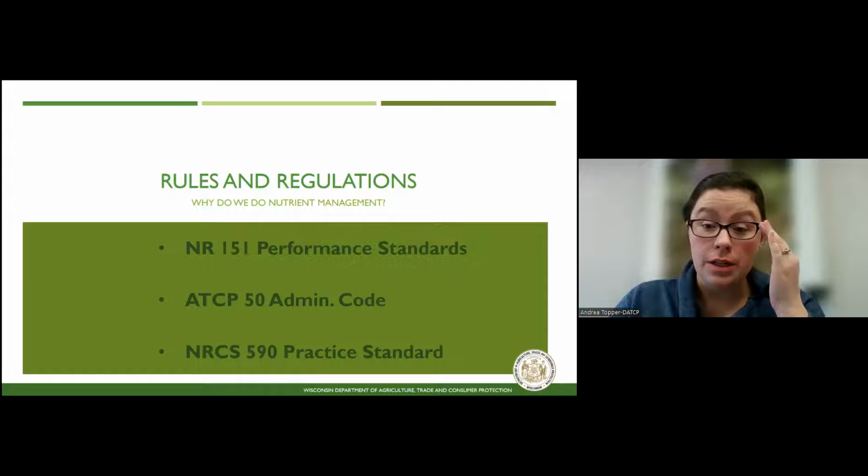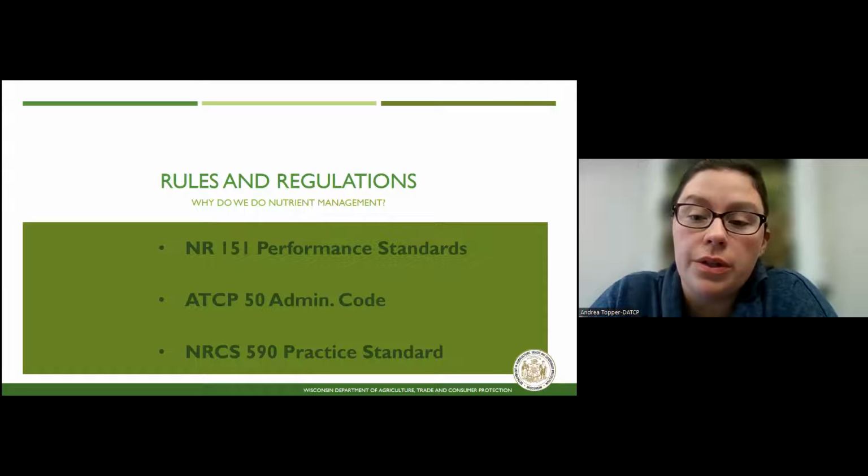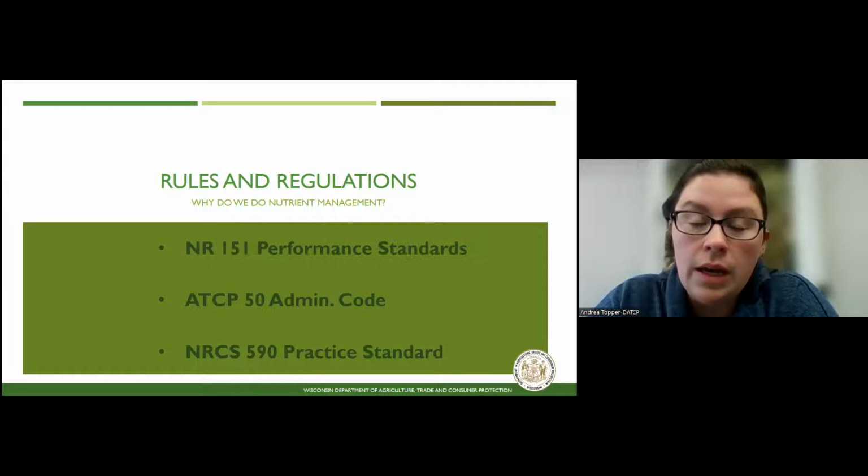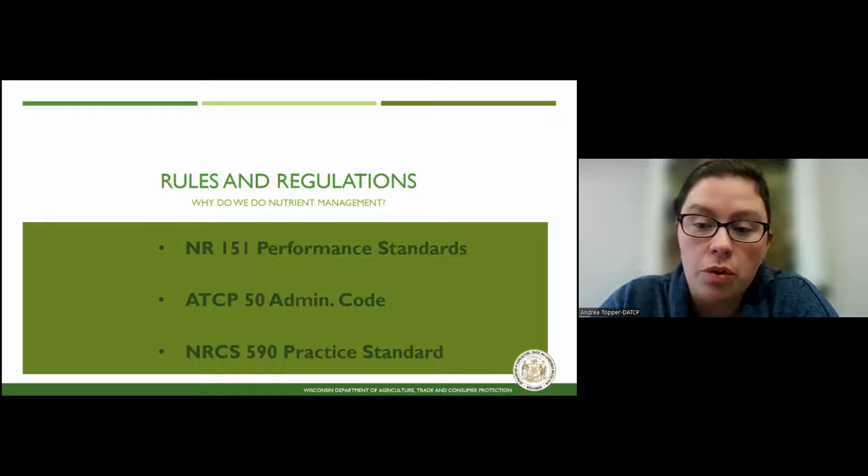Well, to start, DNR, the Department of Natural Resources, sets state statutes. And NR 151 is a state statute that sets the agricultural performance standards for the state.